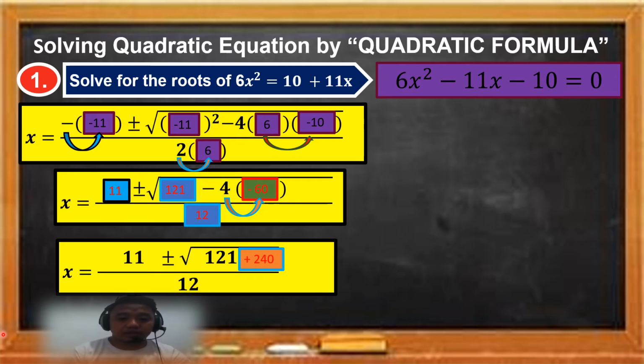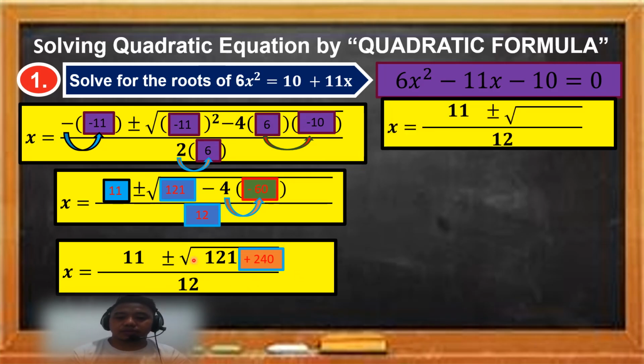Then add what is inside the radical. This is the radical, guys. What is inside the radical is this. Okay? So you just add them. When you add them, that is 361.